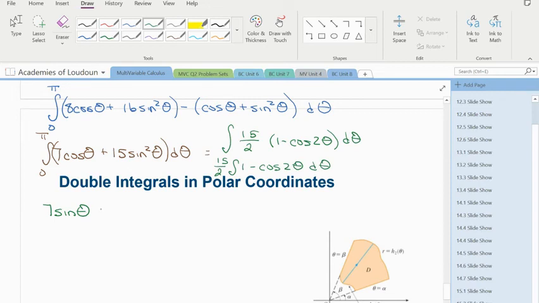So we have plus 15 over 2 theta minus 15 over 4 sine 2 theta, evaluated from 0 to pi, which then just gives us simply 15 pi over 2.